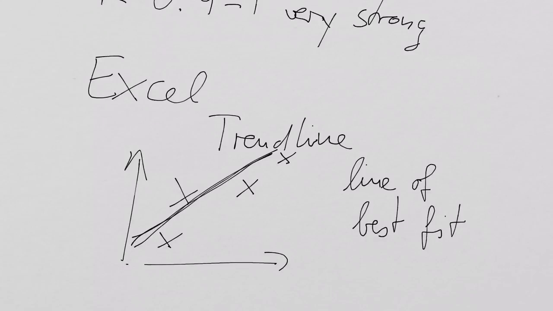For a computer, this is terribly difficult. But Excel has a way of dealing with that, because what Excel does is it says, right, I've got this point here now, and I've got a corresponding point here. Yeah?